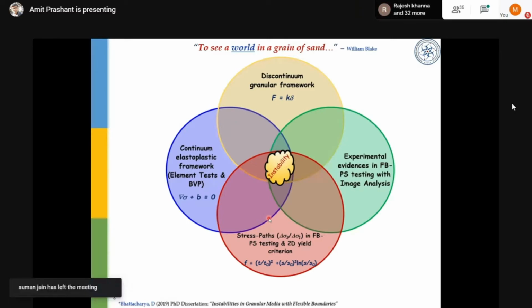So in a way, the combination of continuum elastoplastic framework with some, you can say, element type testing or boundary value problem, either of those, and the knowledge that we gain from discontinuum granular framework, discrete element modeling kind of concepts, and also a variety of experiments that we can do with the understanding of different stress paths and different combinations of stresses, how they impact the overall response.